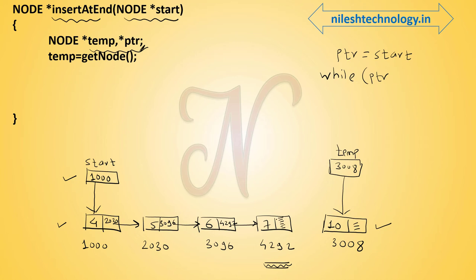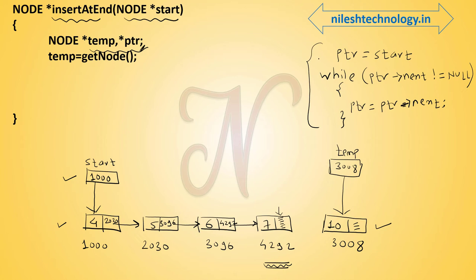So we use null as a condition: ptr of next is not equal to null. If it is, then ptr goes to next: ptr equal to ptr of next. By using this code we find the last node.